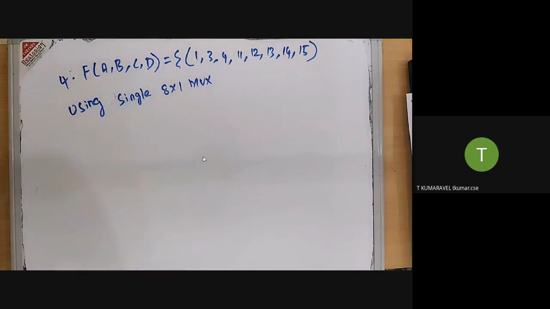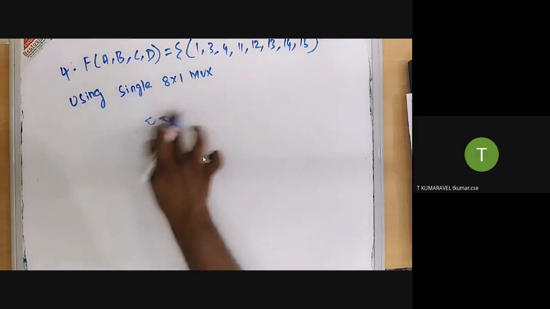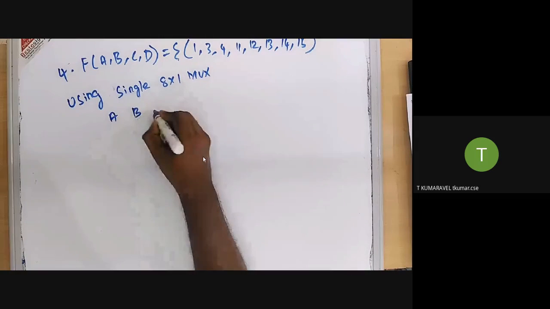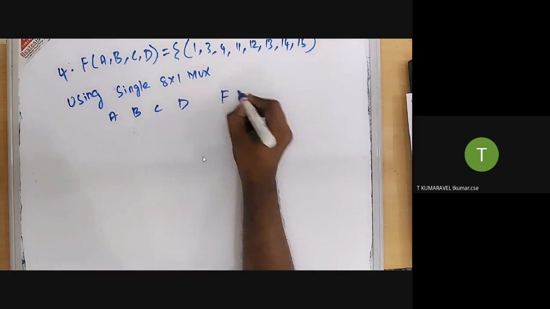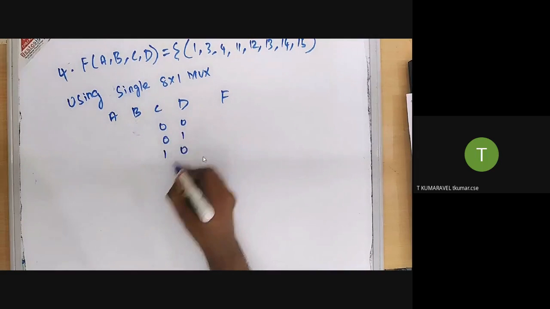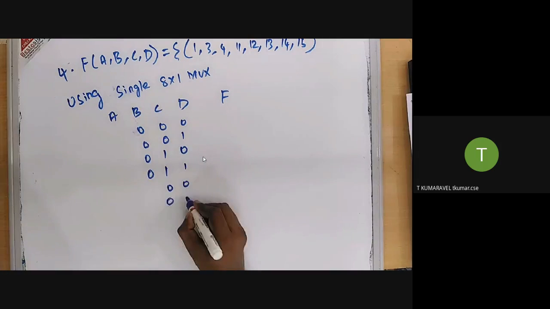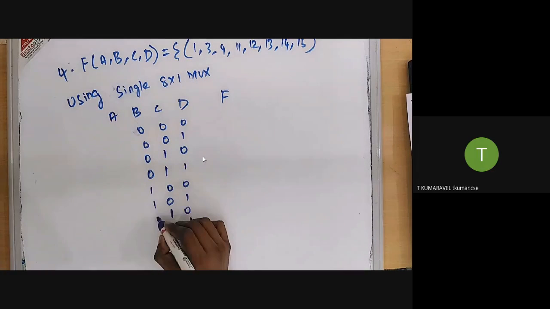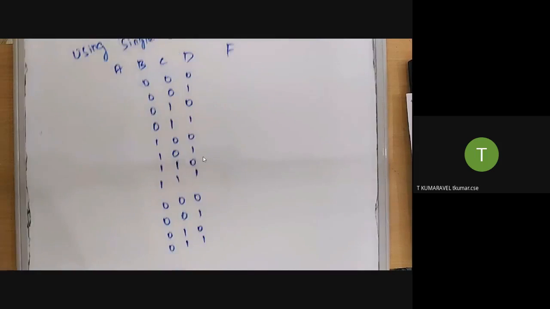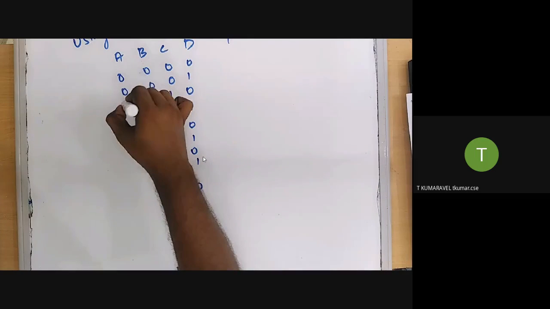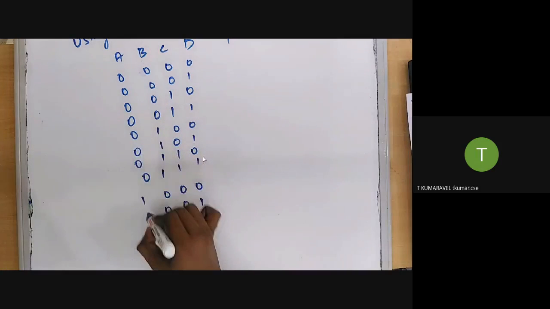The variables are A, B, C, D, and finally it produces the output. 0, 0, 0, 0, 0, 0, 0, 1, and so on, through all the combinations up to 1, 1, 1, 1.